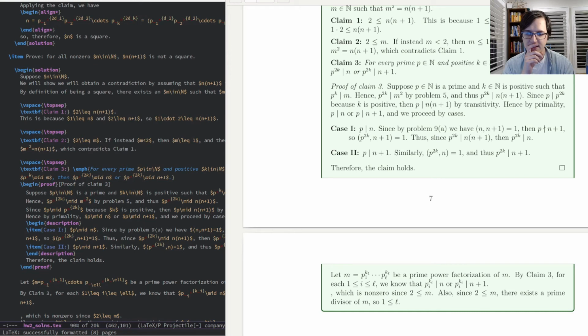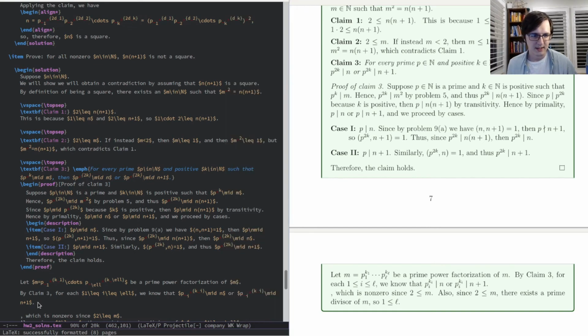So now there's a little bit of a notation challenge, because I want to basically separate all these primes into those that divide n and those that divide n plus 1. So here's how I will do this.